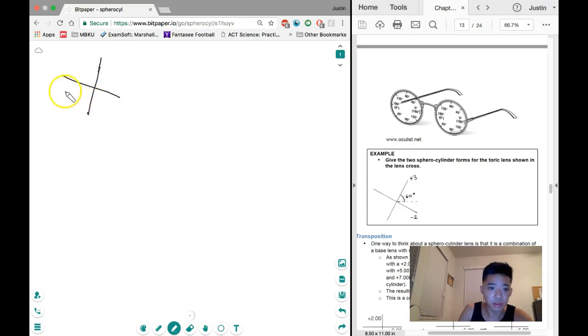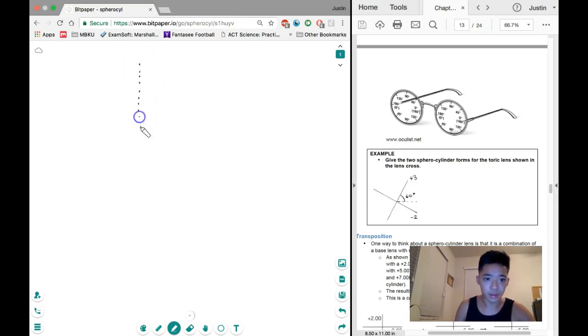This is interesting because we're so used to using horizontal and vertical, but really the axes can be anything.